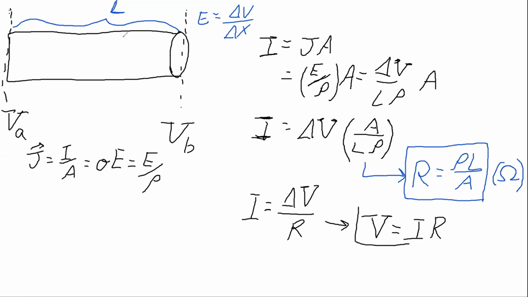So this is our macroscopic view. This is called Ohm's law here. Really important equation. We're going to use it over and over again. The equation for resistance doesn't have a name. It's just the resistance of a wire, in blue, what I box in blue.